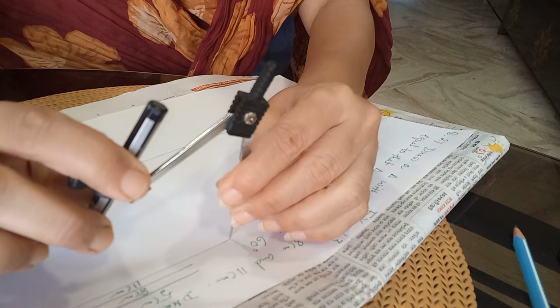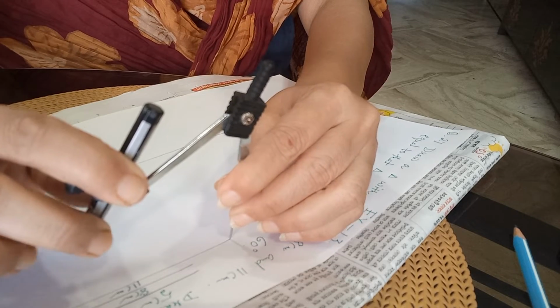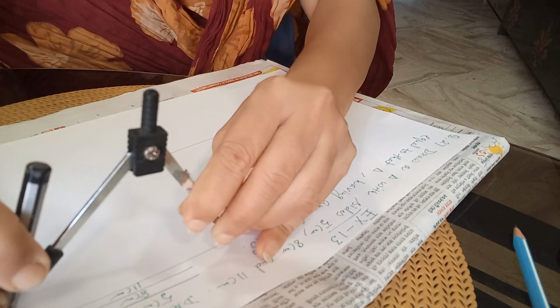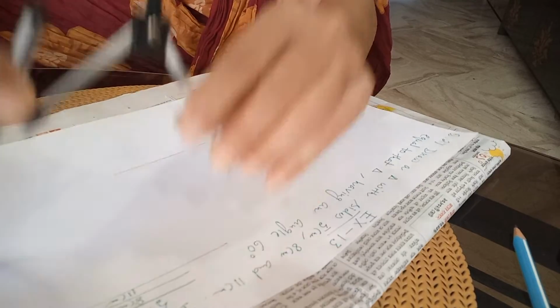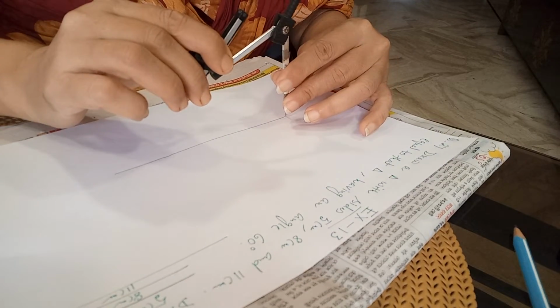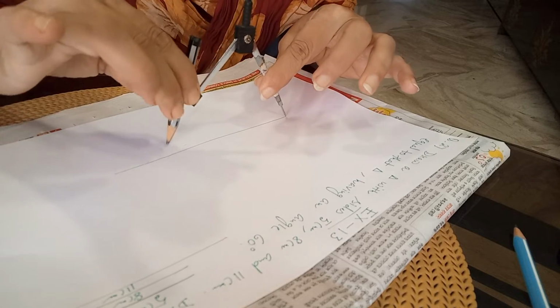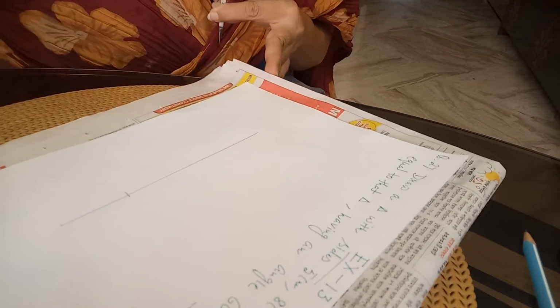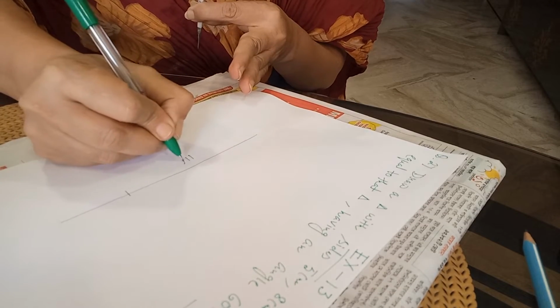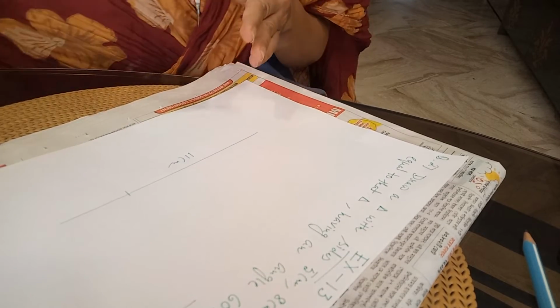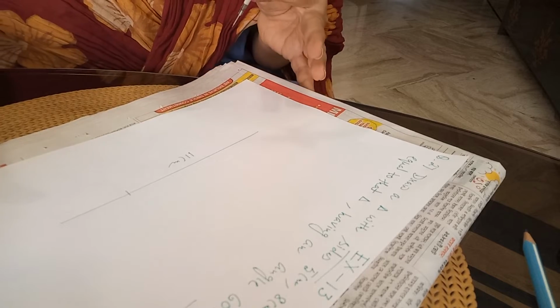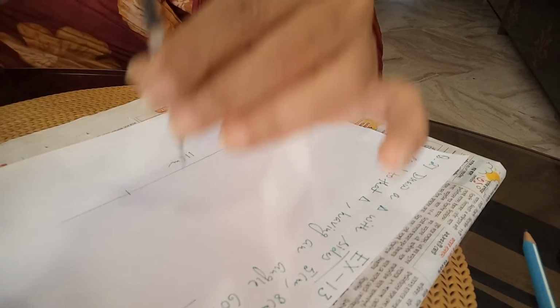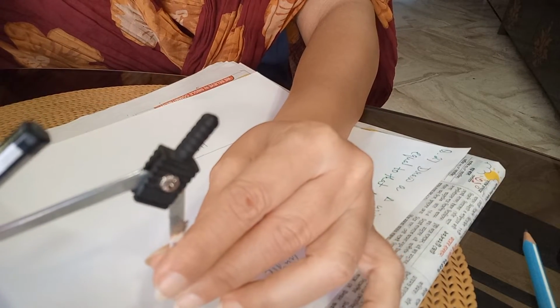From here, take 11 cm measurement and cut from here. So this is my 11 cm. Here name of the triangle not mentioned, so you can give any name. Then take 8 cm.